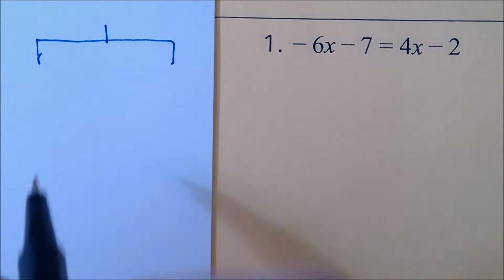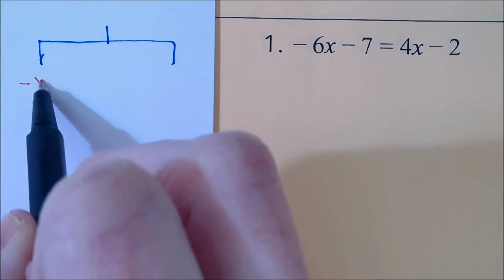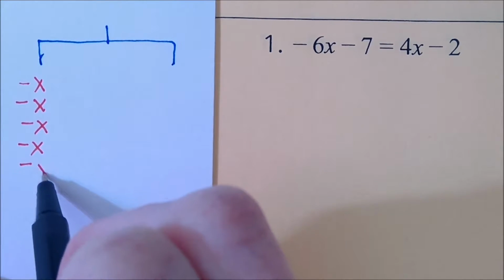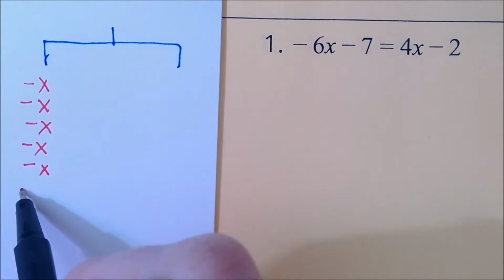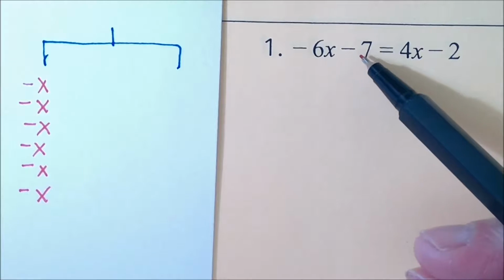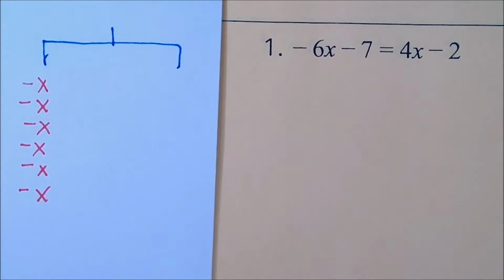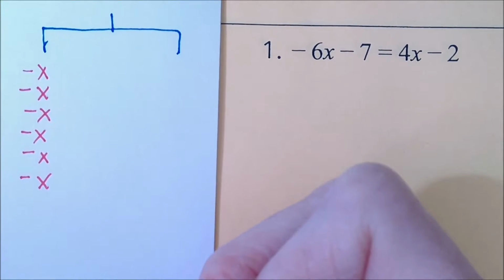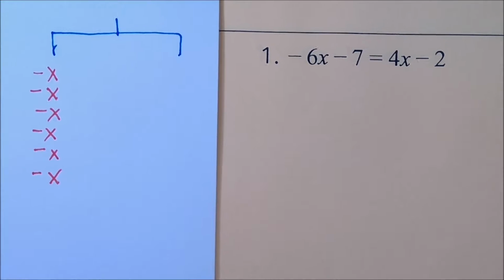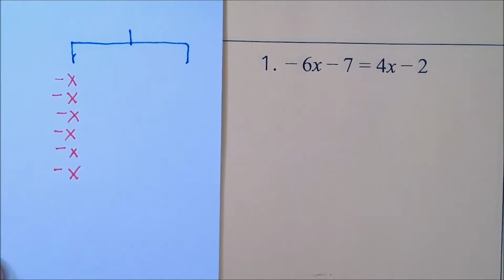So I'm going to draw 6 negative x's, and 7 negative whatevers, whatever we want to call them, like negative units, maybe.